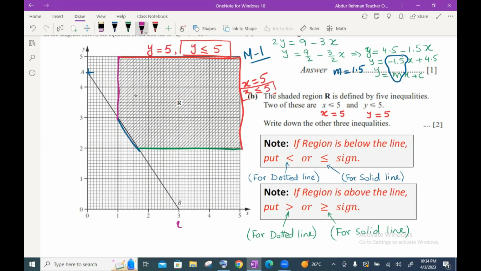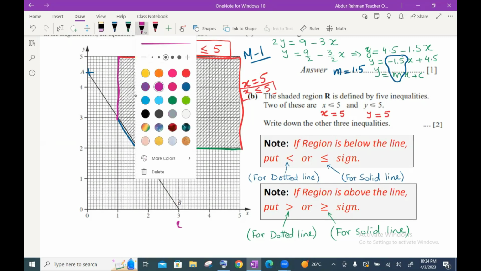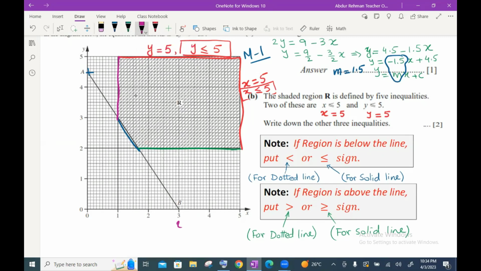First step is to find out the equation of these lines one by one and convert it into the inequality. So start from the purple line. The equation of this purple line is x equal to 1, because if you extend this line it intersects the x-axis at 1.